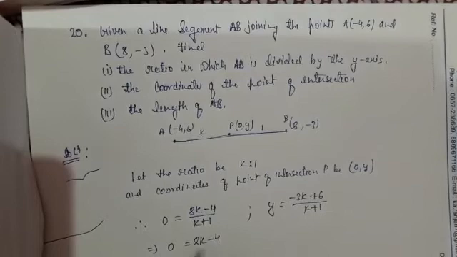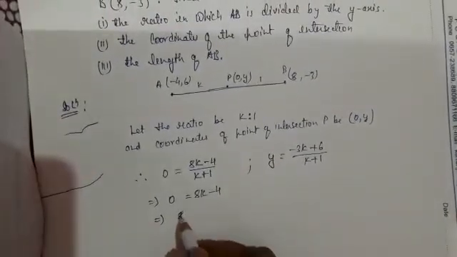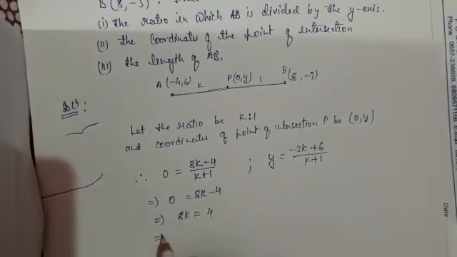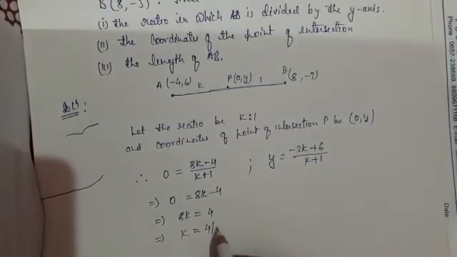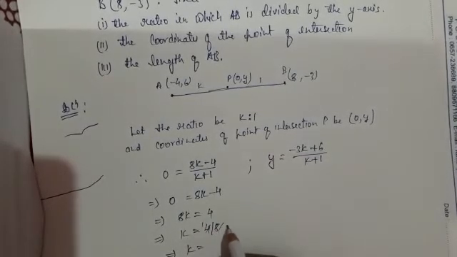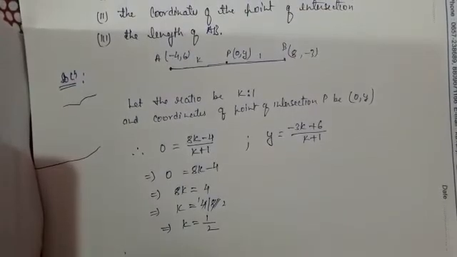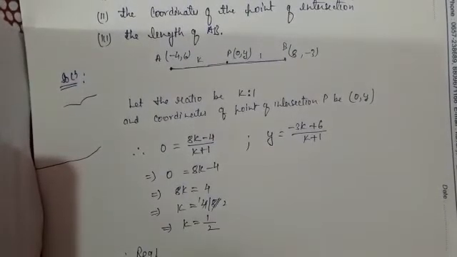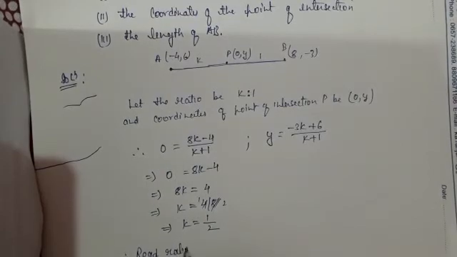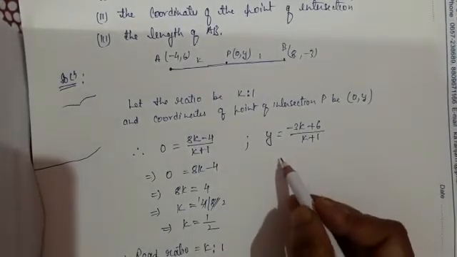That means 8k is equal to 4, so k is equal to 4 by 8, and on cancelling we are getting 1 by 2. So k is equal to 1 by 2. Therefore, the required ratio is k is to 1.